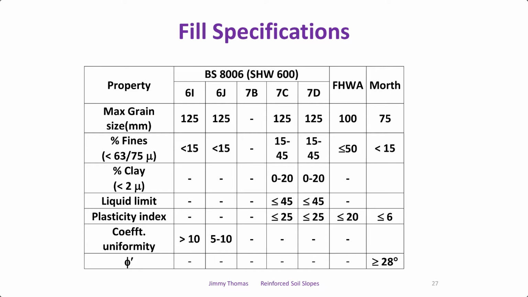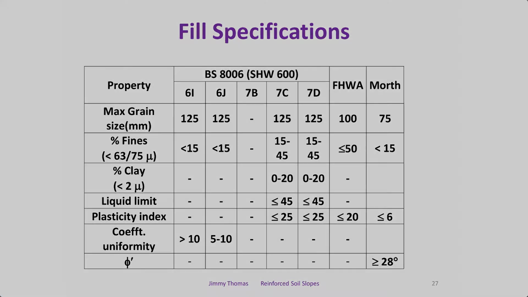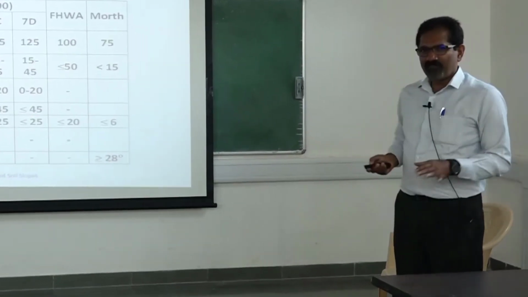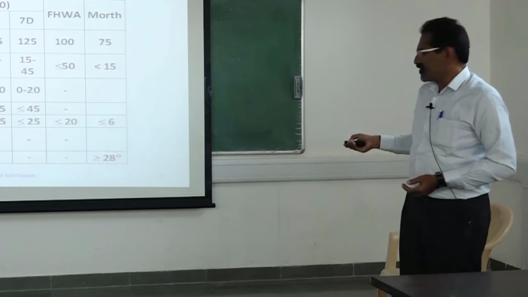See, we have our MORTH specifications, which are for road and bridge works. In this, they have put more or less the same spec for the slope as for the wall. Only thing, I think for the wall, phi is 30 degrees. Here they have relaxed it to 28 degrees.